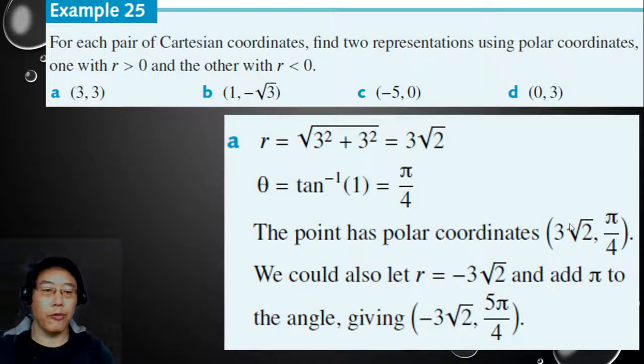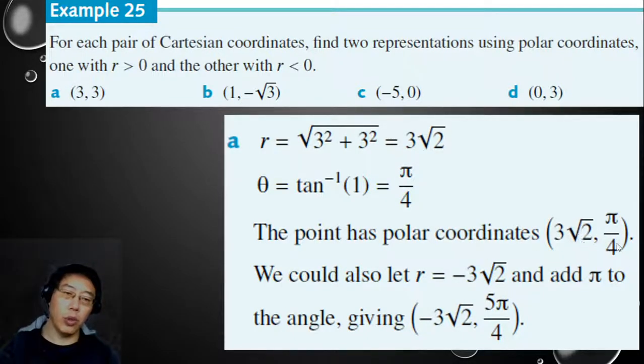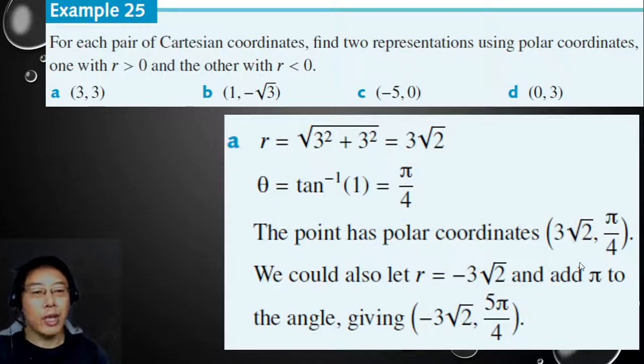That gives you your first set of polar coordinates, and to get the second set, you turn your r into a negative, and for your angle you just add or subtract pi. And you end up with your new angle. So those are equivalent points, they are the same on your Cartesian plane. And you would do the same for b. So I would pause the video and attempt this one.